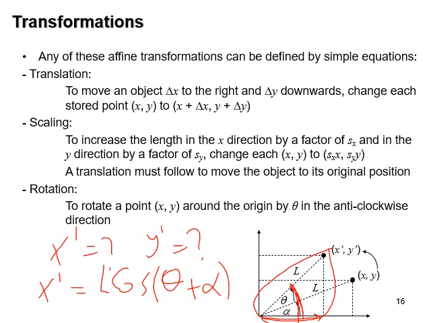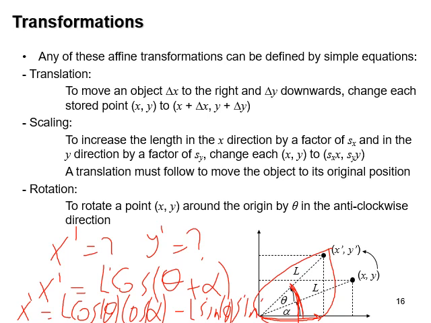Now, as I said, the objective is to get an expression for x prime as a function of x, y, and theta. We don't want this alpha thing, okay? So how can we get rid of the alpha? We can expand the cosine using the rule of the cosine of the sum of two angles, to say that x prime is equal to L cosine theta cosine alpha minus L sine theta sine alpha.